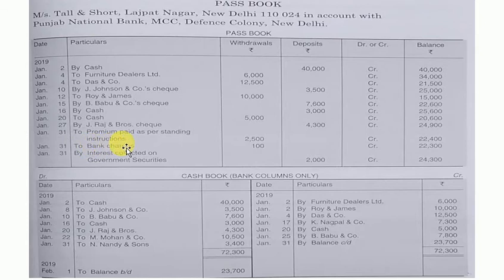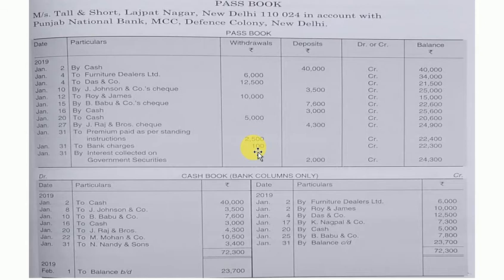This has to have a simultaneous entry on the credit side of our cash book, but we do not find this 100 bank charges till January 31st. That means it has not reduced your cash book balance, whereas it has reduced your passbook balance.